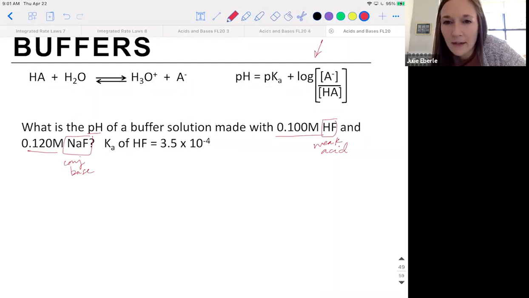It has that cation for sodium on there, but essentially we're just saying HF is the weak acid, F- is the conjugate base. How do you tell which is which? The one that has hydrogen in it, an acidic hydrogen, is the weak acid.